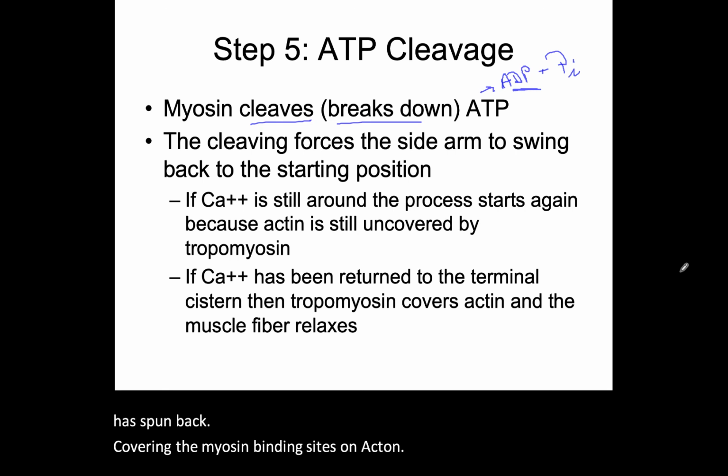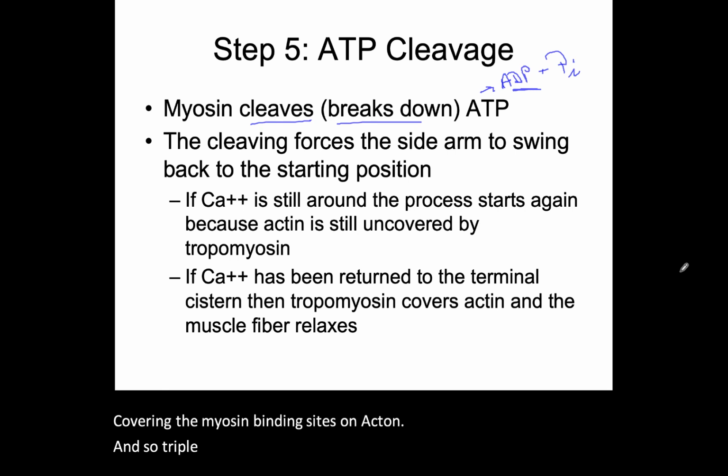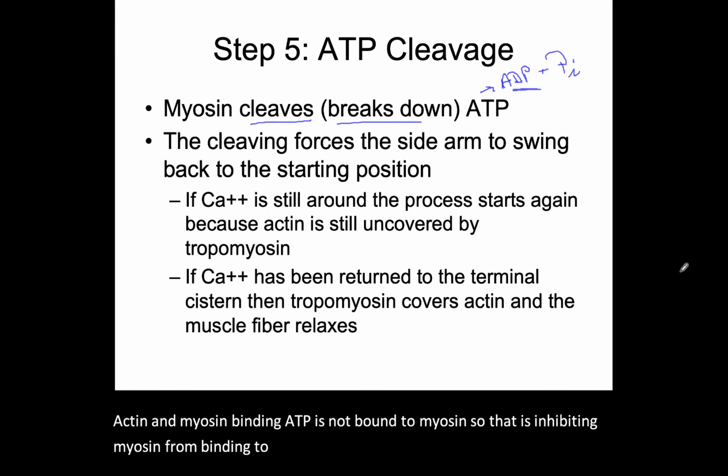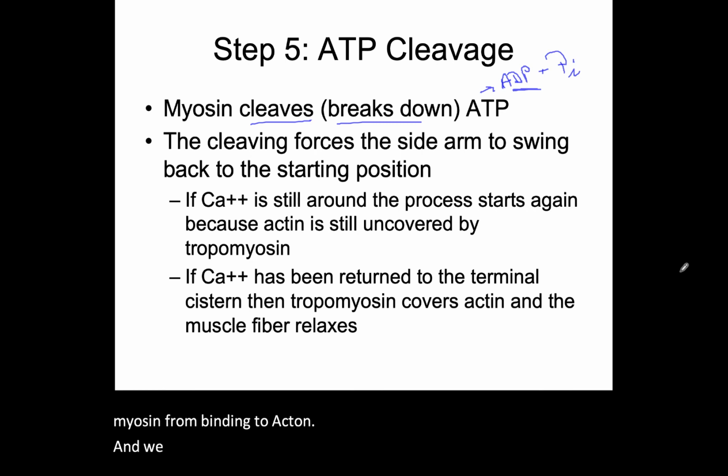And so tropomyosin is now inhibiting actin and myosin binding. ATP is not bound to myosin, so that is inhibiting myosin from binding to actin. And we simply wait.